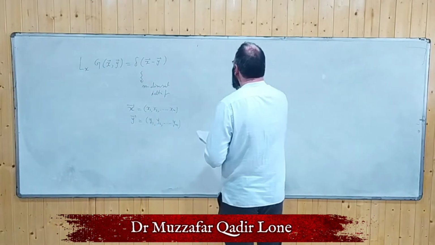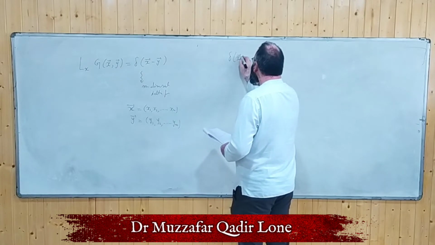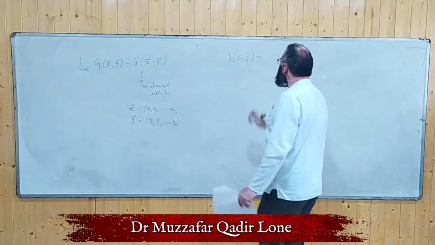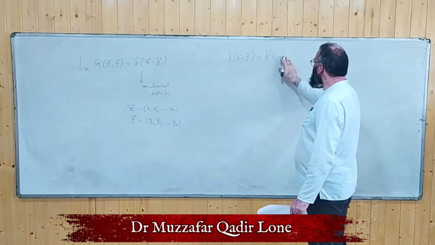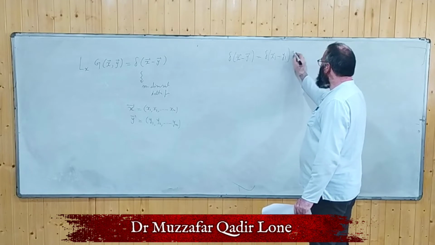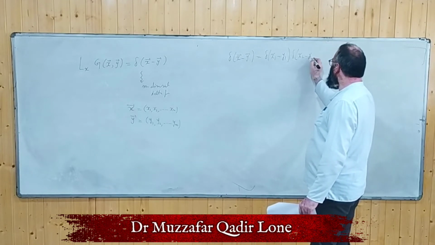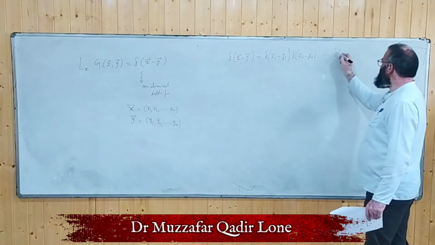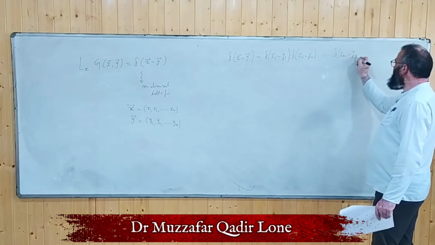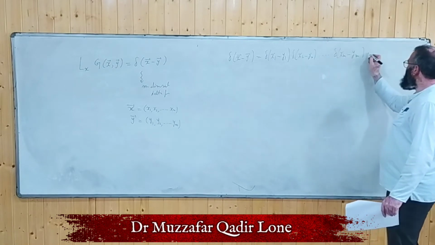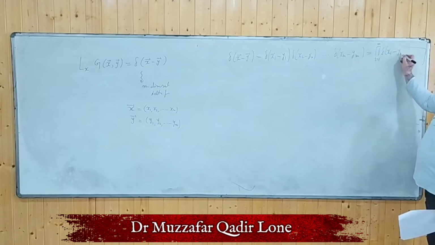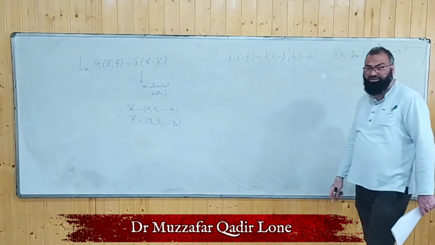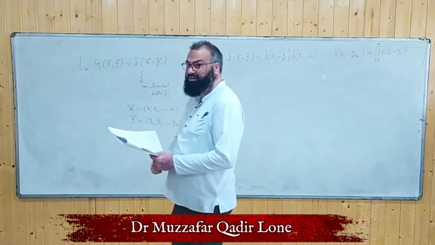So we write this delta of x minus y as delta of x1 minus y1, delta of x2 minus y2, up to delta of xm minus ym. So this we can write in product form, i running from 1 to m, delta of xi minus yi. Clear? So this is your m-dimensional Dirac delta function in the Cartesian coordinate system.